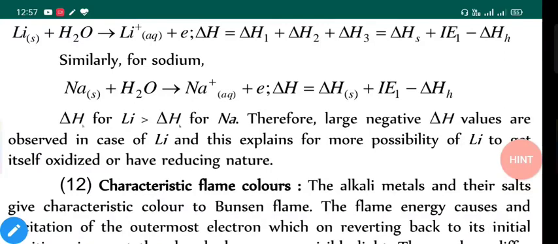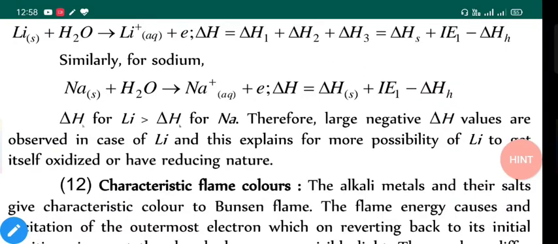This reaction is actually the combination of three different reactions, delta H1, delta H2, and delta H3, as we discussed on the previous page. Similarly for sodium we can get the same type of equation, but the value of delta H for lithium is higher than that of sodium, and therefore large negative delta H values are observed in the case of lithium. This explains the greater possibility of lithium getting self oxidized, and it behaves as a strong reducing agent.